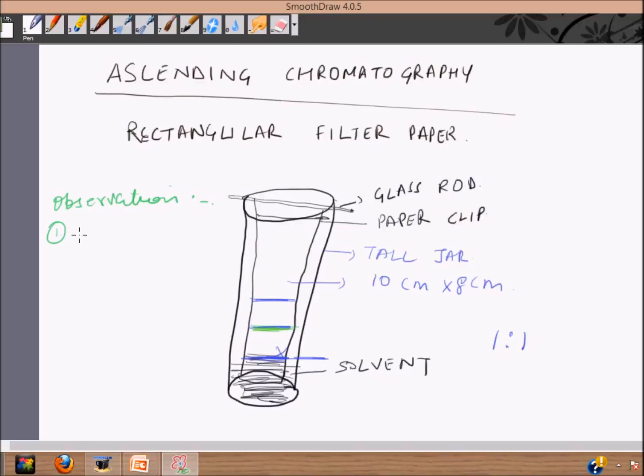So what did I get? I get two colored lines at different heights. And when the difference in the height is appreciable, remove the paper from the jar and let it dry.